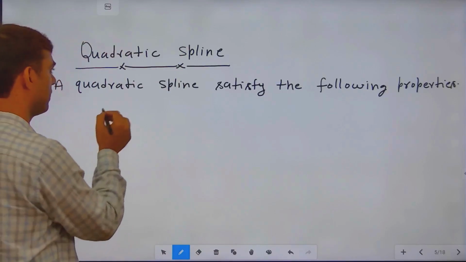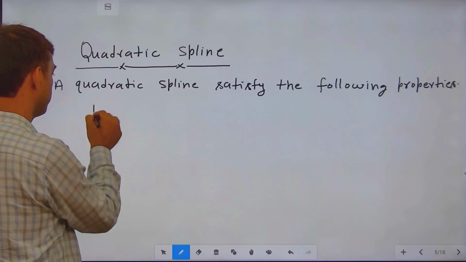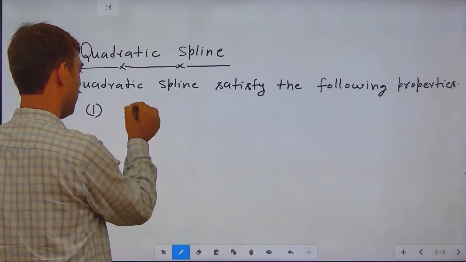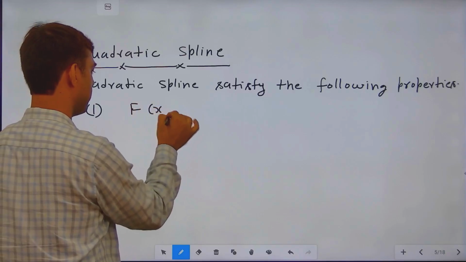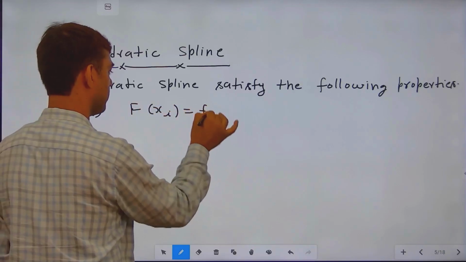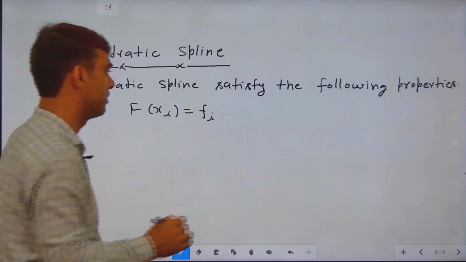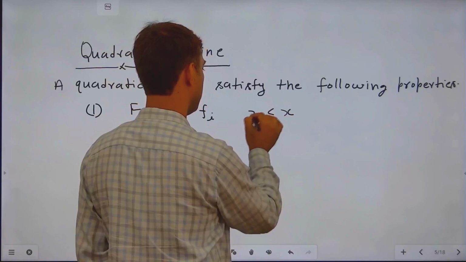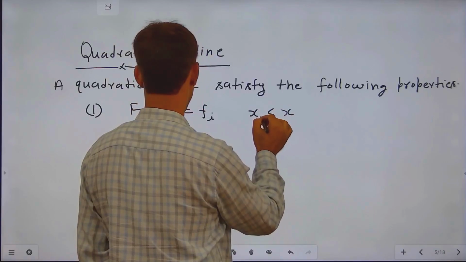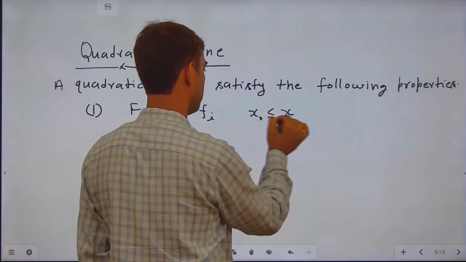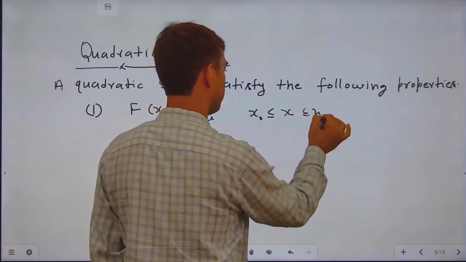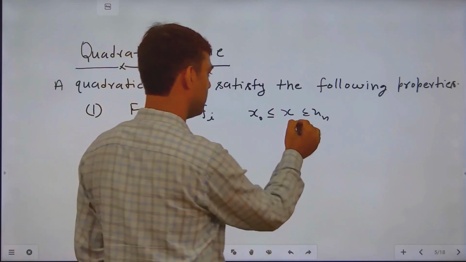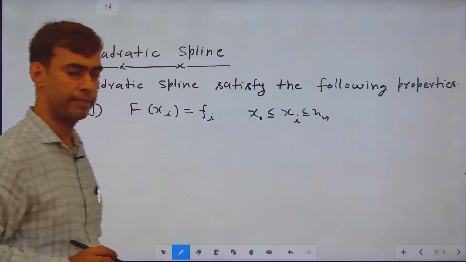First, f(x_i) equal to f_i, for x_i ranges from x0 to xn.